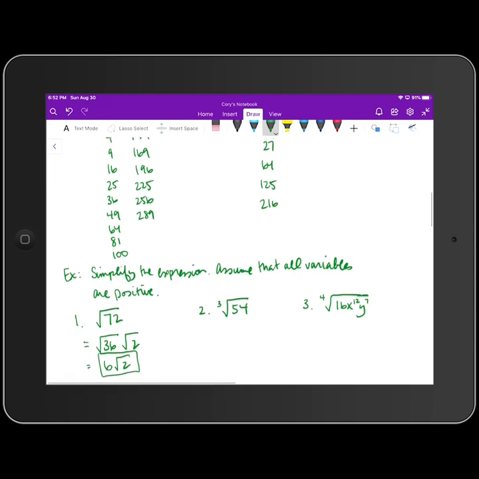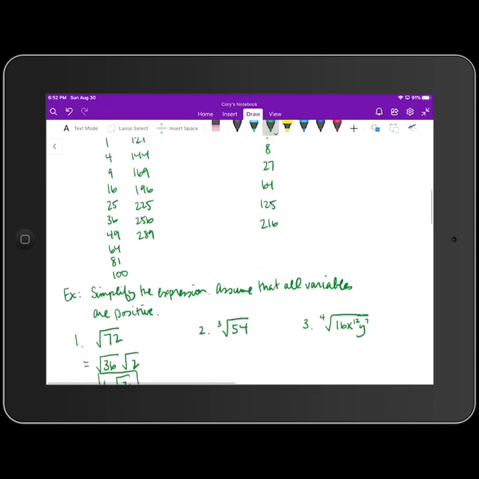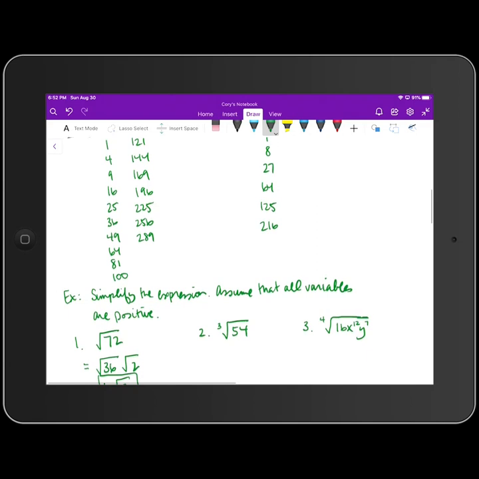Okay, for number 2, when we do the cube root of 54, because we're taking a cube root, I want to break this radical up into factors that are perfect cubes and factors that are not. The largest perfect cube factor of 54 is 27.